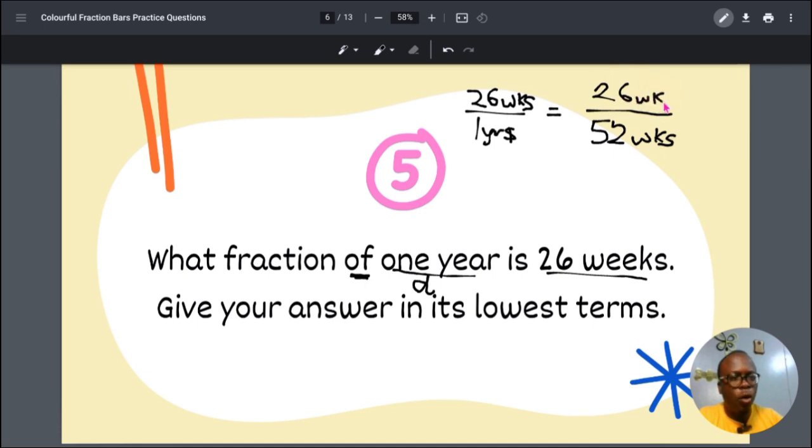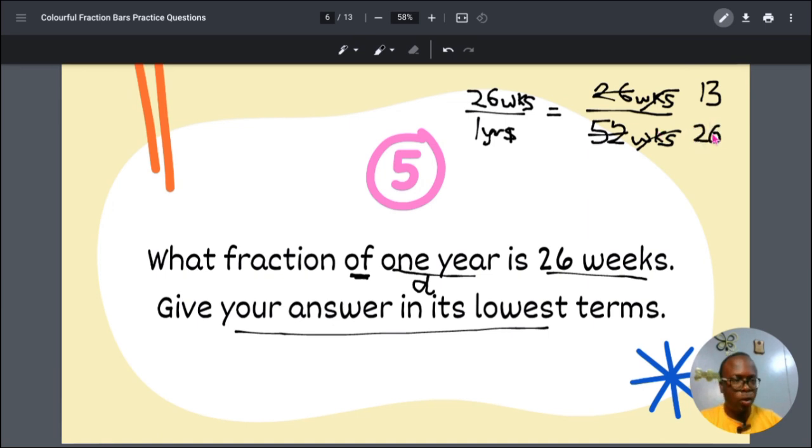Dividing this, of course the weeks divide each other out, and then we have to reduce to the lowest term, as our question has said. So we look for the factor that can divide both the numerator and the denominator. I'm going to start with 2. So 2 in 26 is 13, and 2 in 52 is 26, if you do your division very well.